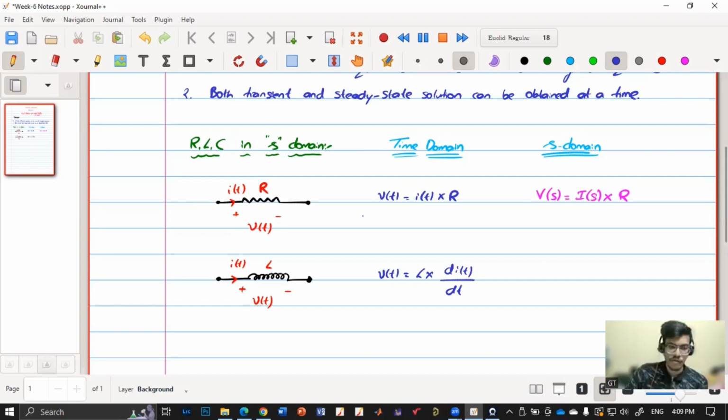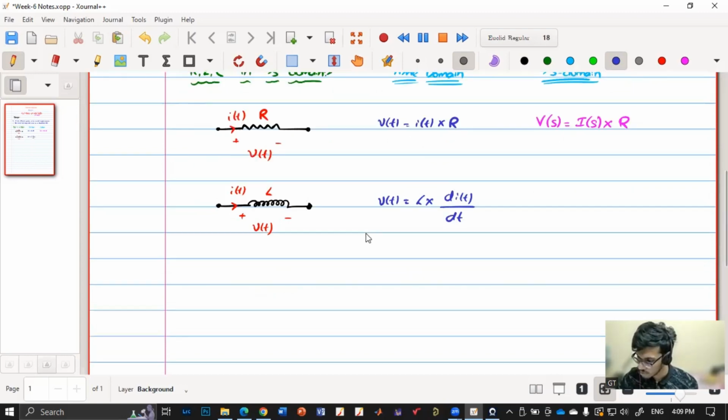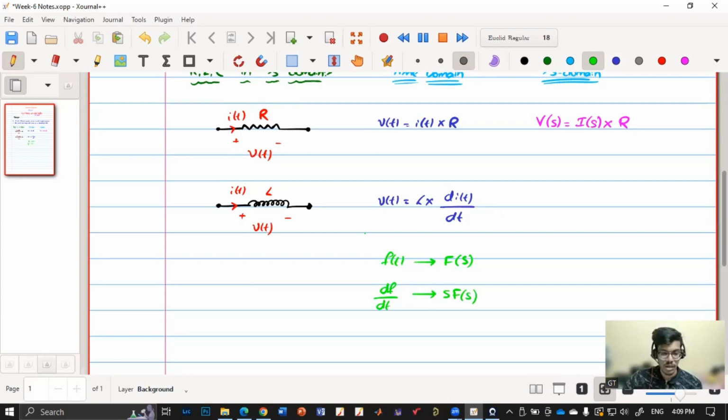So if we apply the Laplace transform of any function, here I'll give you a formula. If f of t has Laplace transform f of s, then df by dt will be s into f of s. This is a formula which you can derive using the Laplace transform.